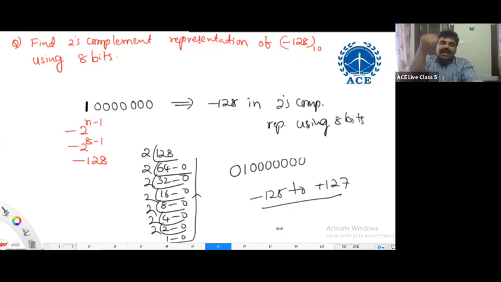Plus 128 cannot be represented using 8 bits. I am confirming. Go with the range, you can calculate. Using 8 bits, the range is minus 128 to plus 127. Plus 128 is not possible. Yes, Ashok Kumar, right. It cannot be represented. Overflow.